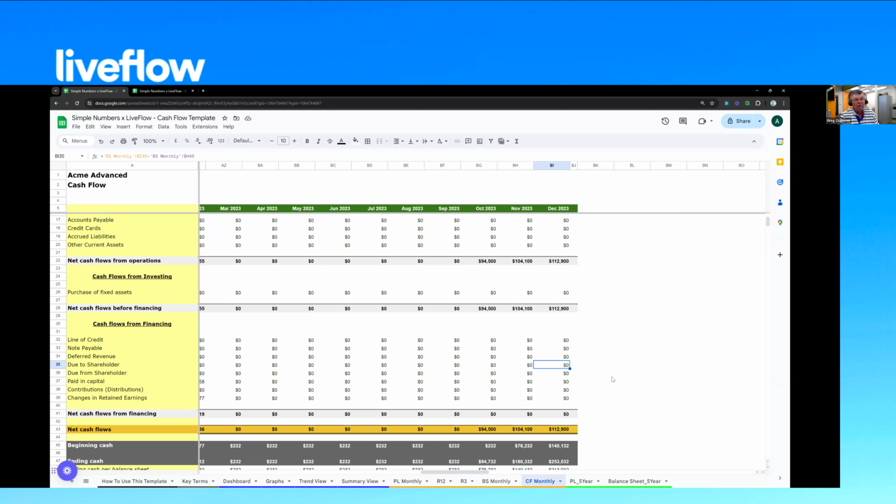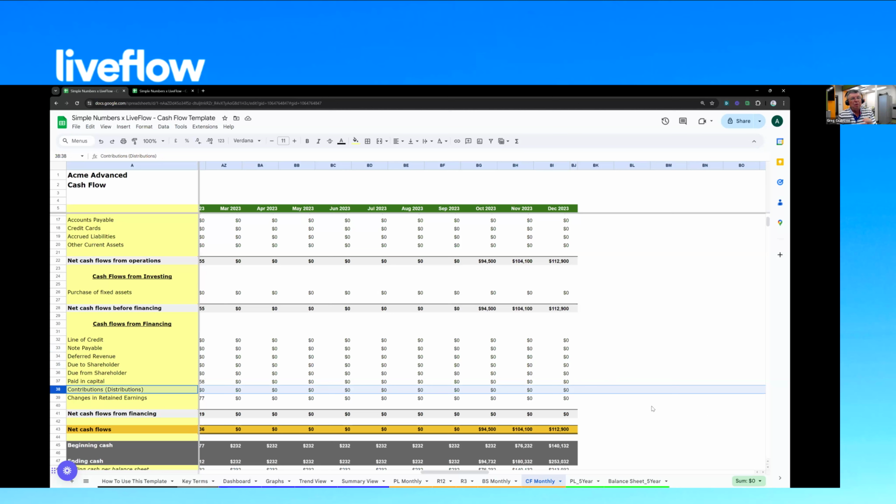Well, if that is your question, the first place I look is line 38, and I look at distributions. Usually if you're profitable, but you don't have any cash, you're the problem. So you've got to go on a distribution diet until you hit the right cash number, and you only take distributions when you have excess cash over your too much cash number.